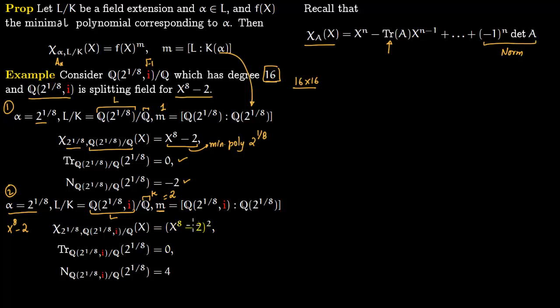So when you expand it, again there is no coefficient corresponding to x to the 15. So here you will just get x to the 16, and then you will get minus 4x to the 8 plus 4. And this trace comes from x to the n minus 1, and n is 16 in this case. So trace has to be 0. And norm is this last term, so it is 4.